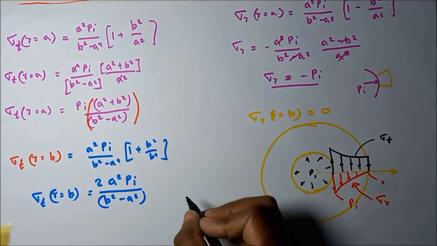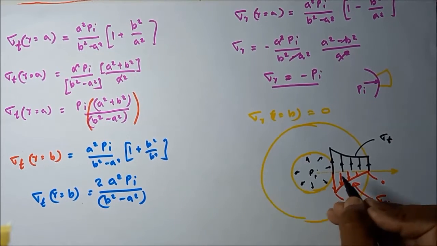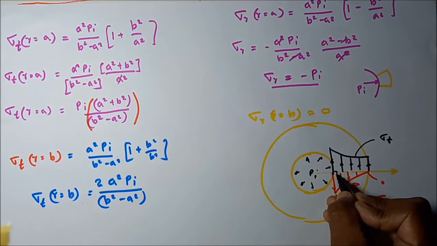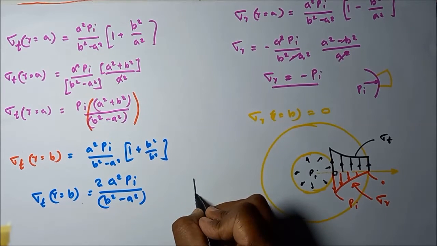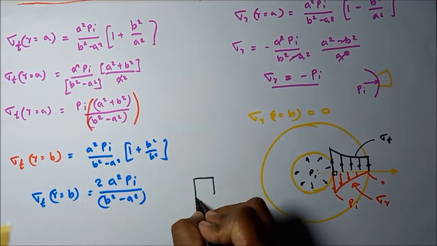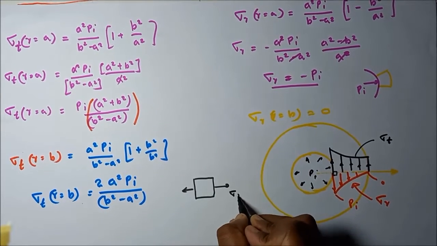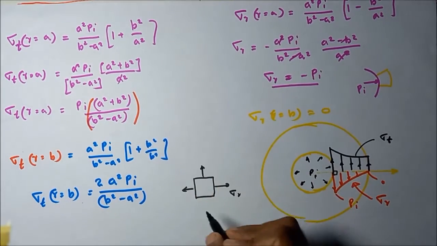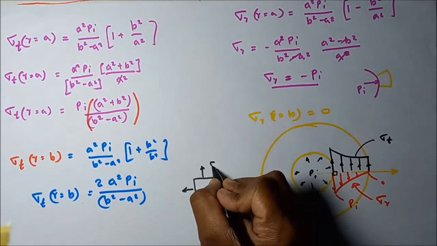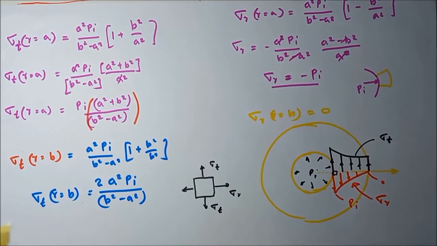So for the developed internal surface stresses, if we take a certain stress element, we can mark sigma r in this direction and sigma t in this direction for an infinitely small stress element. Both the stresses are maximum at this point.